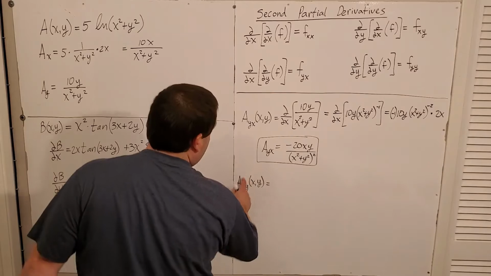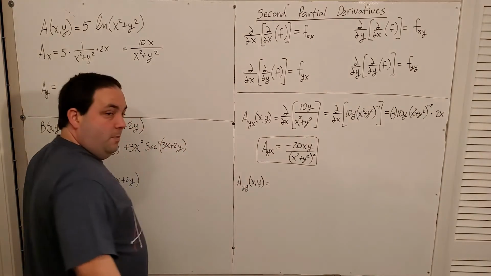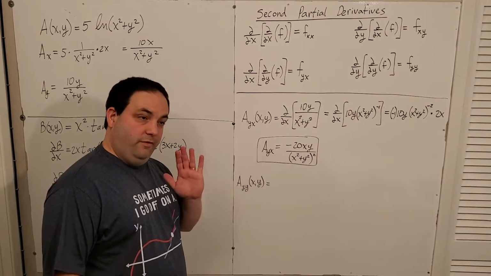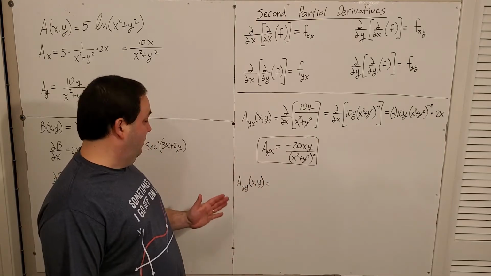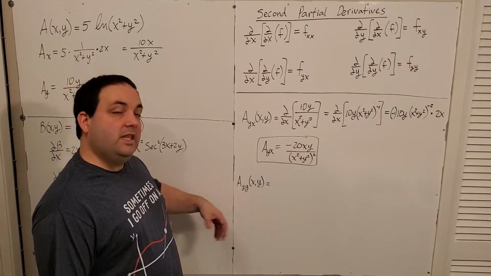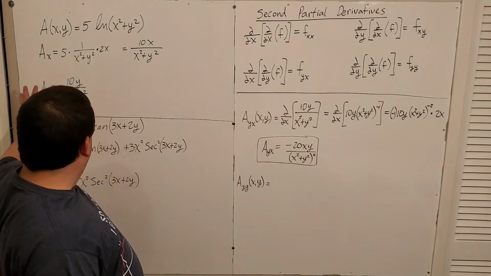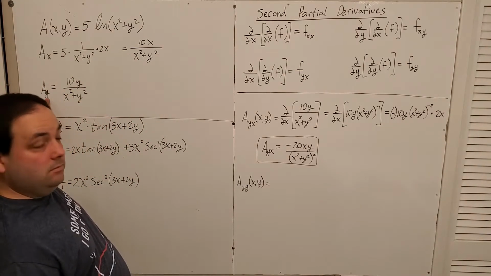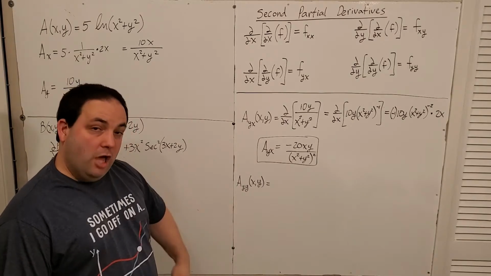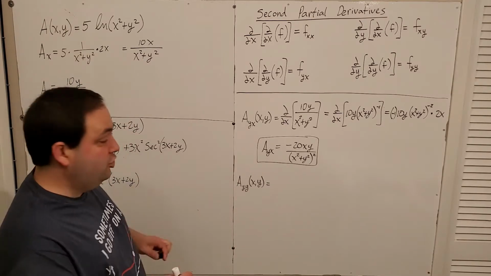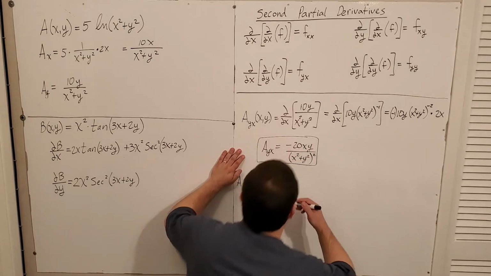Okay? Let's try another one here. I've got a sub yy, which means second derivative with another y derivative, right? On top of something that already had a partial derivative with respect to y. So I'm going to be taking the ay again, and then I'm going to be doing another y partial derivative to it. So that would be like this.